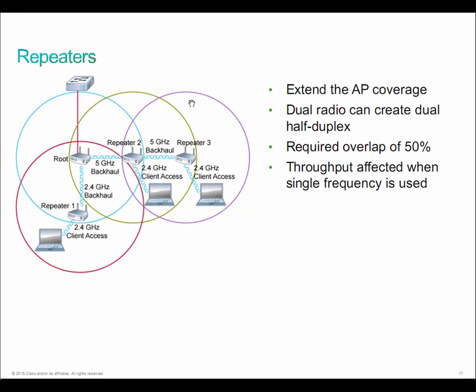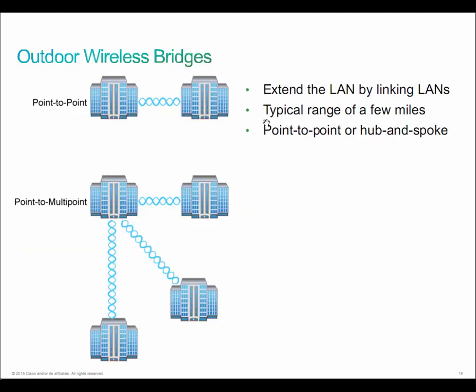The other thing you notice here is that the required overlap is 50%. That's significantly higher than what you would typically see if you're running an extended service set with multiple BSAs, and so on.